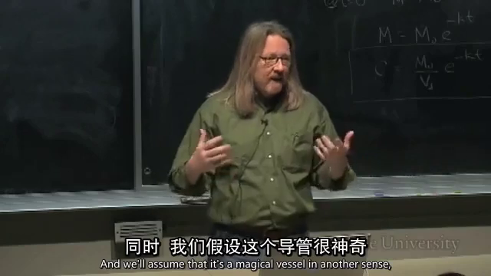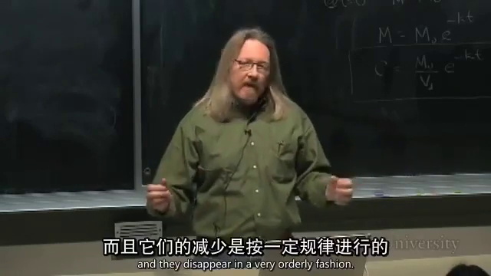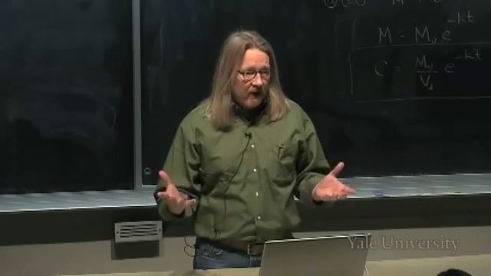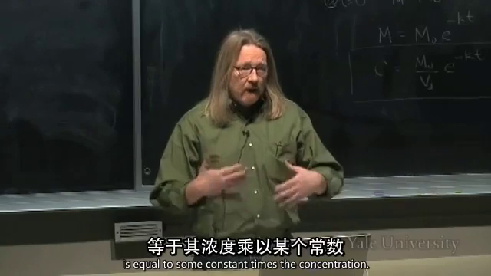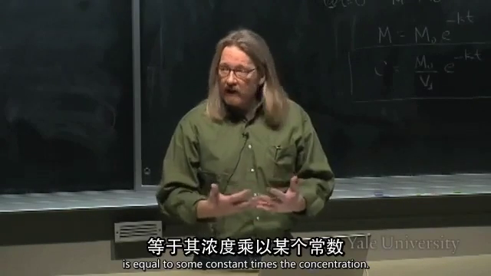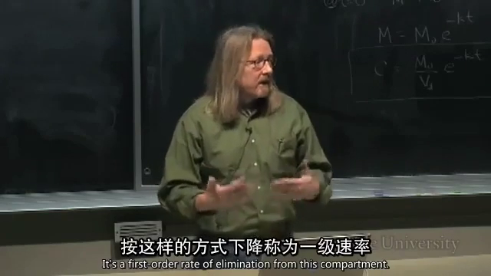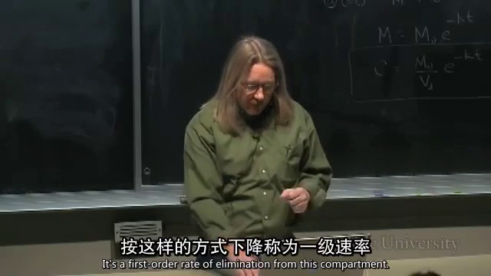And we'll assume that it's a magical vessel in another sense, in that drugs disappear. And they disappear in a very orderly fashion. That is, the rate of disappearance of the drugs is equal to some constant times the concentration. So it's a first order rate of elimination from this compartment.